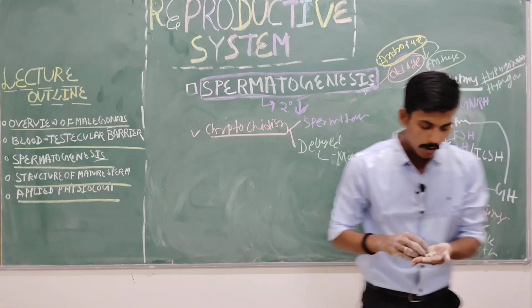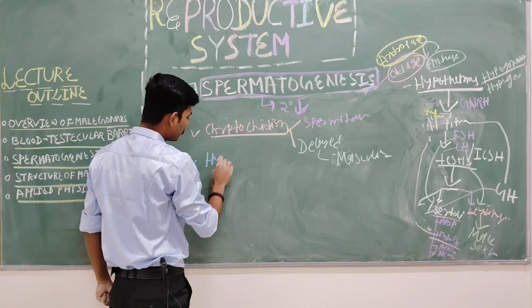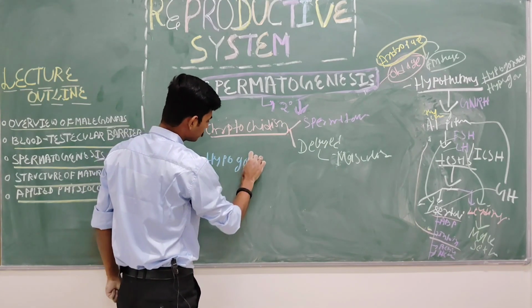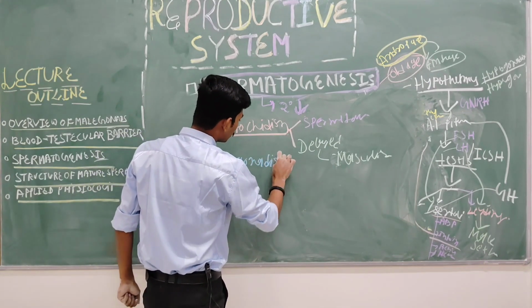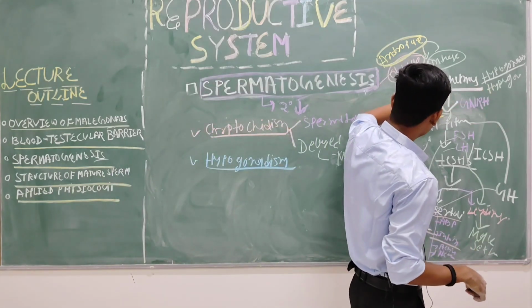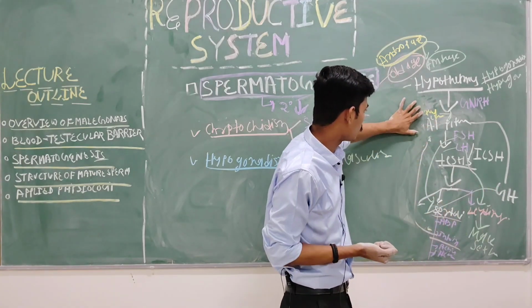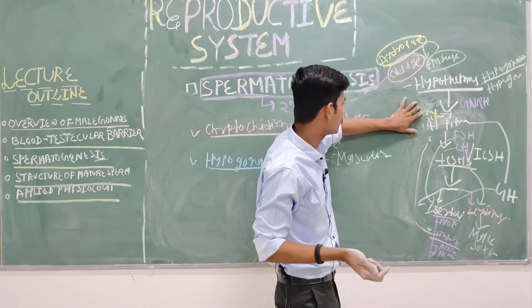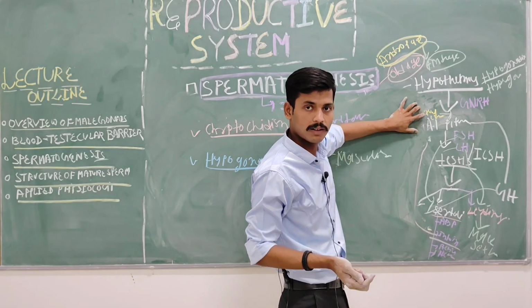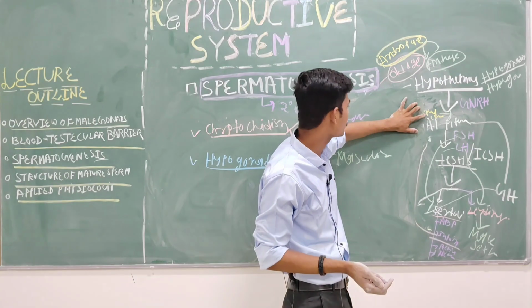Now we will discuss another condition, called hypogonadism. Just mark the etiologies. The etiologies: excessive alcohol use, a pituitary carcinoma or cancer.